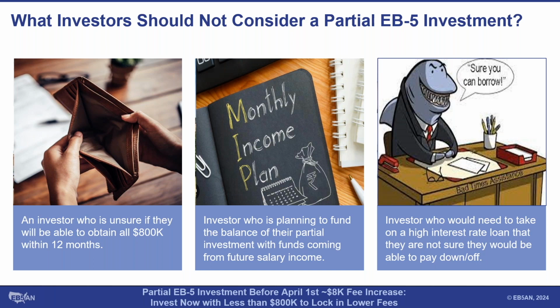If an investor comes to me today and says they want to do partial, what I always try to do up front, if at all possible, is source the entire bucket. We like to present to the government where the full $800,000 with the administrative fee, because we have to source that too, is coming from. It's not always doable, but the idea is to present to the government at least a path and an explanation of what they will be seeing in an interfiling sometime in the near future.